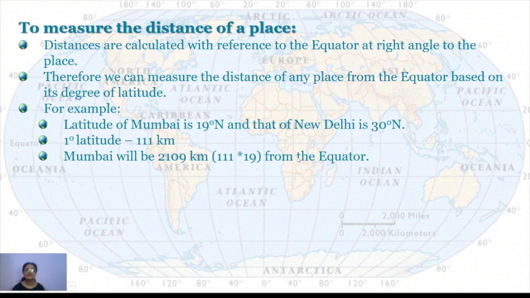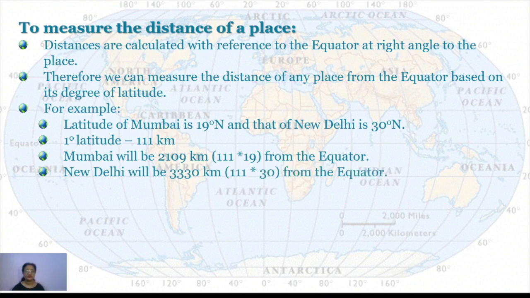We simply multiplied, because it is lying at 19 degrees north of the equator. So 1 degree is 111 kilometers, and 19 degrees will be 111 into 19, which gives 2109 kilometers. So Mumbai is lying at a distance of 2109 kilometers from the equator.